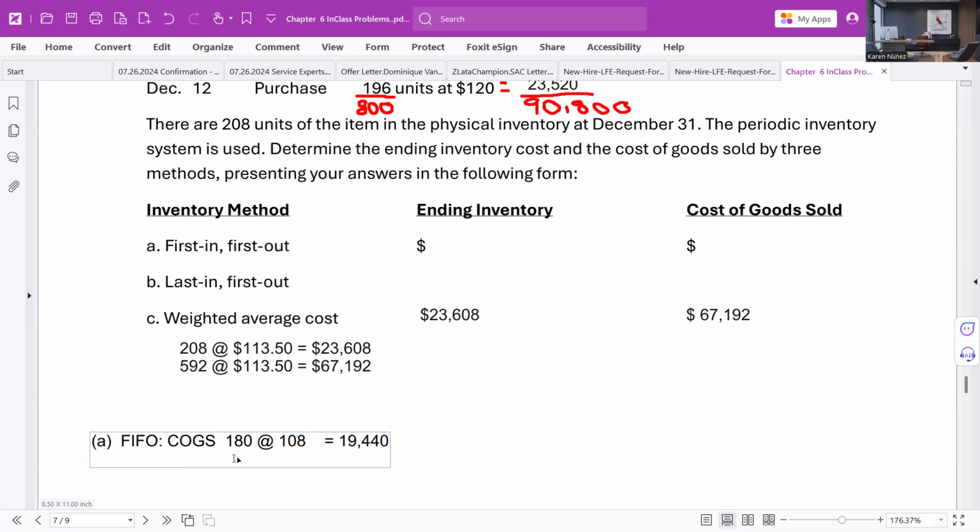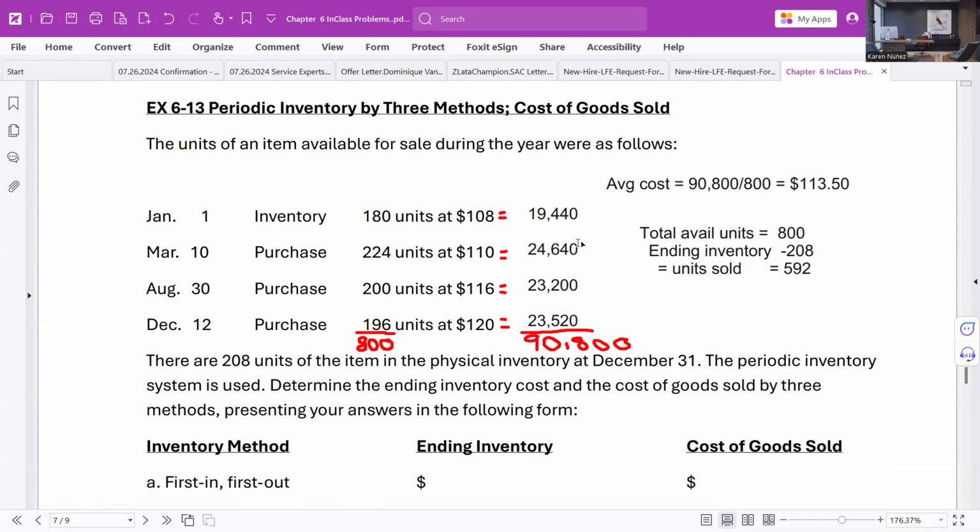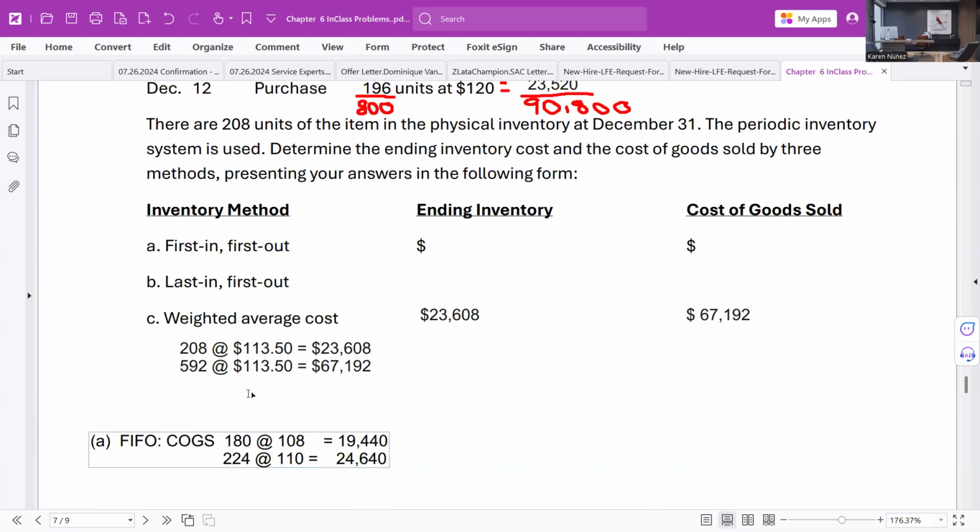And the 224 at 110, which equals 24,640. So again, I'm just taking these numbers: first in, first out. First the 180, then the 224. We only sold 592, right?